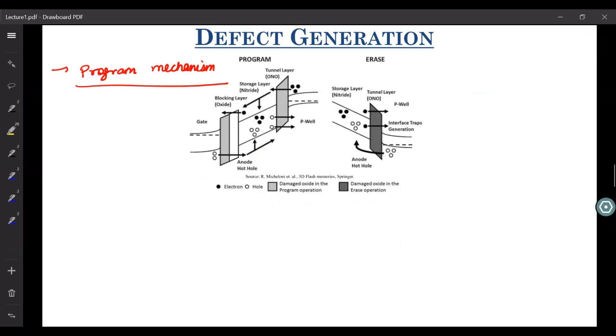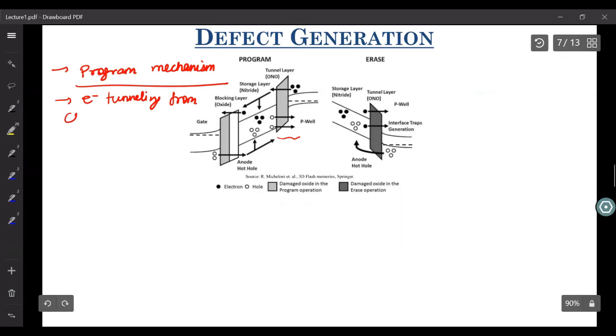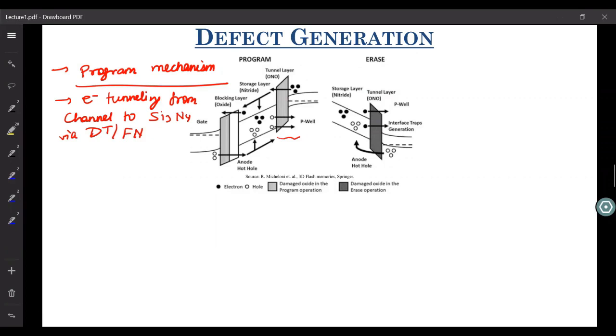Let us focus first on the tunneling oxide. So what is happening here? During program, electrons are tunneling from your channel to your storage layer, that is nitride, via direct tunneling or FN. This can lead to stress in the tunnel oxide, so this may degrade your tunnel oxide.